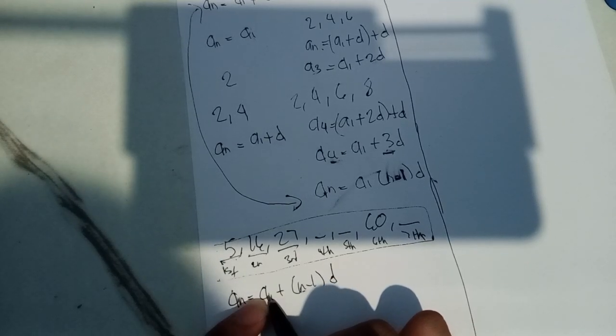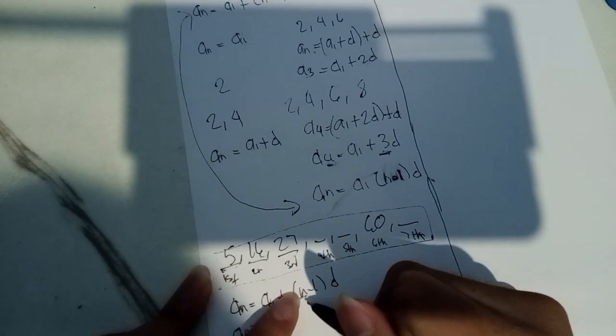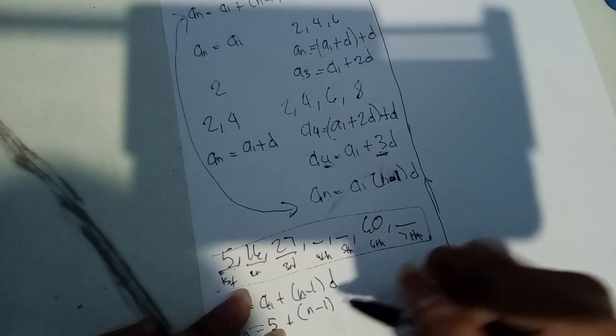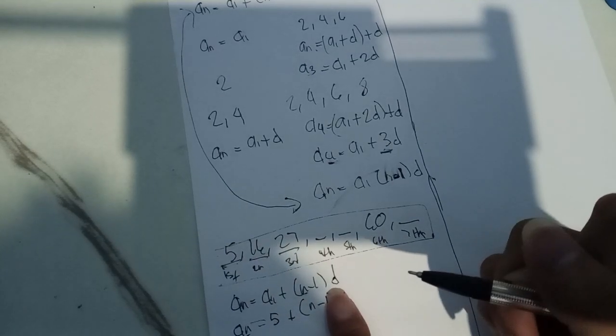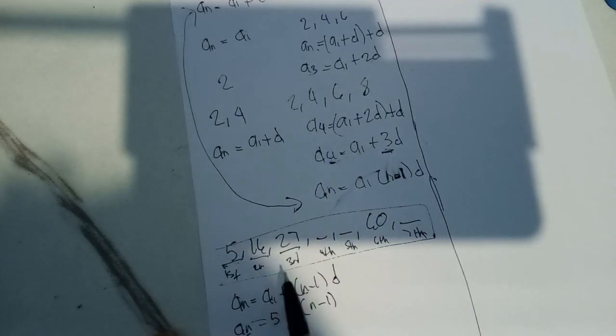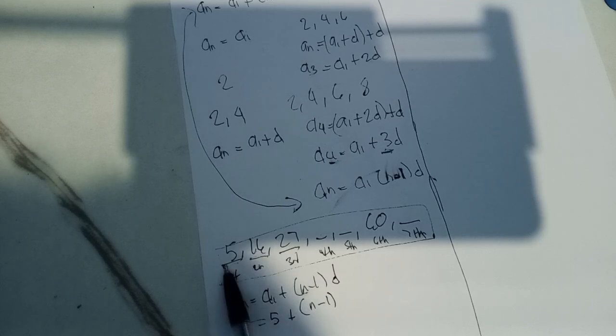So a1, so what is our first term? That is 5 plus this, bring down n minus 1 times d. So our common difference can be obtained by subtracting the second term and first term. So we have 16 minus 5, that is 11.